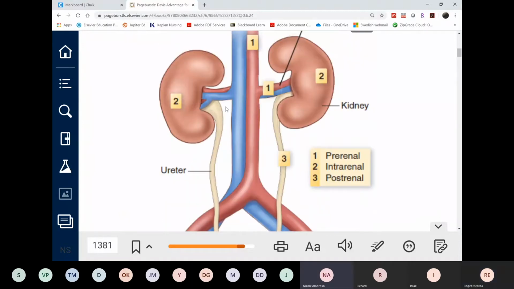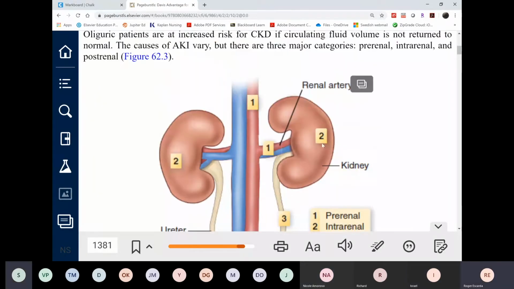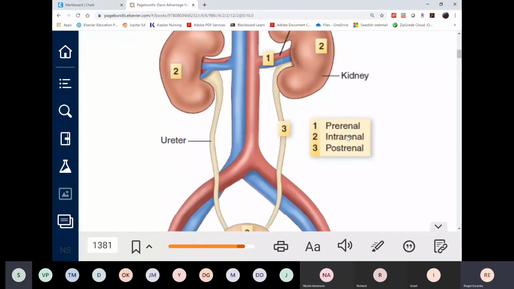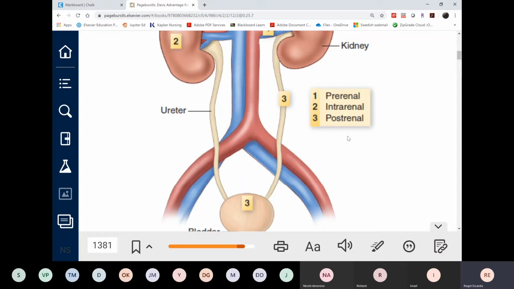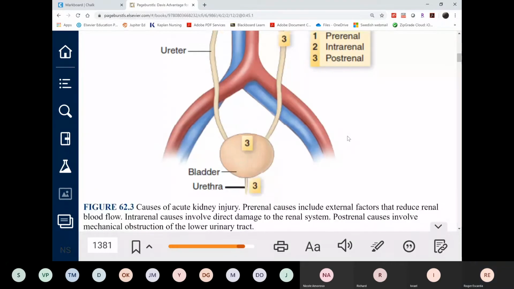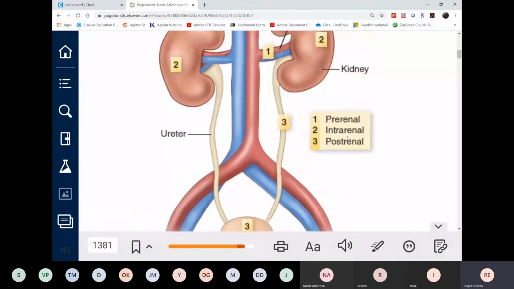Professor, I have a question for you. If you got a stricture in the renal artery and vein, wouldn't that be a pre-renal issue? Yes, because it affects blood flow to the kidneys. Very good question.